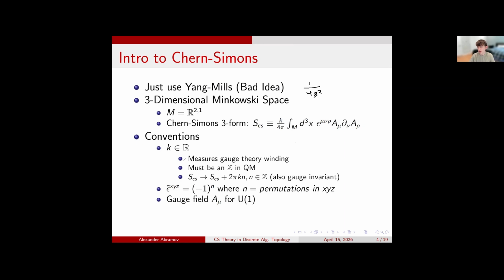And in terms of algebraic topology, it measures the winding of the gauge field. You can see here under large gauge transformations, it must be quantized. So the Chern-Simons action maps onto itself plus this 2 pi k n term, and that shows some gauge invariance. This is called our topological quantization condition.